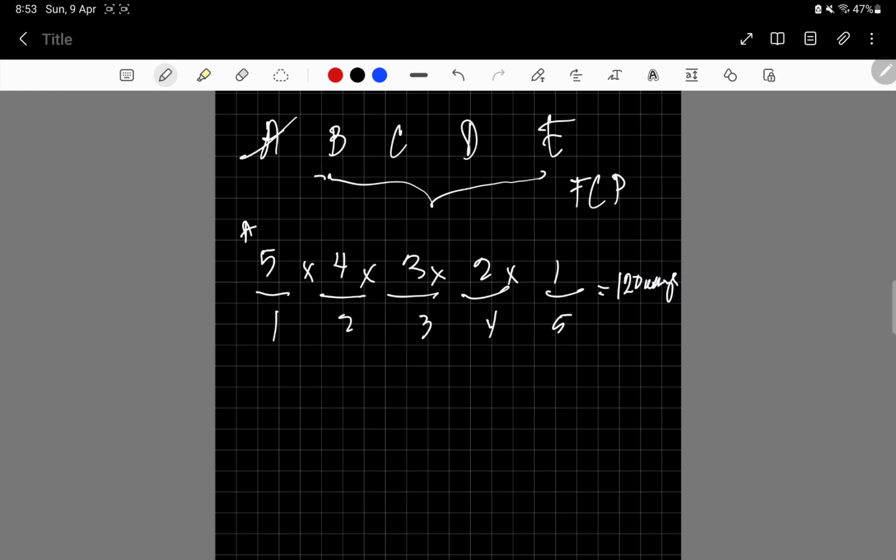Ibig sabihin, meron tayong 120 scenario na mabubuo dito. Medyo marami kung ililista natin yung 120. Pwede yung A, B, C, D, E, pwedeng E, D, C, B, A, or marami yan.